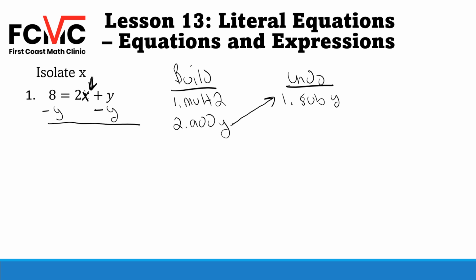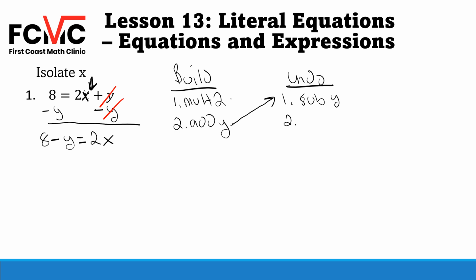The y's on the right cancel out. On the left side, I get 8 minus y equals 2x. The 8 and the y aren't like terms, so I can't actually subtract them. I can just list it 8 minus y. So I undid adding y.